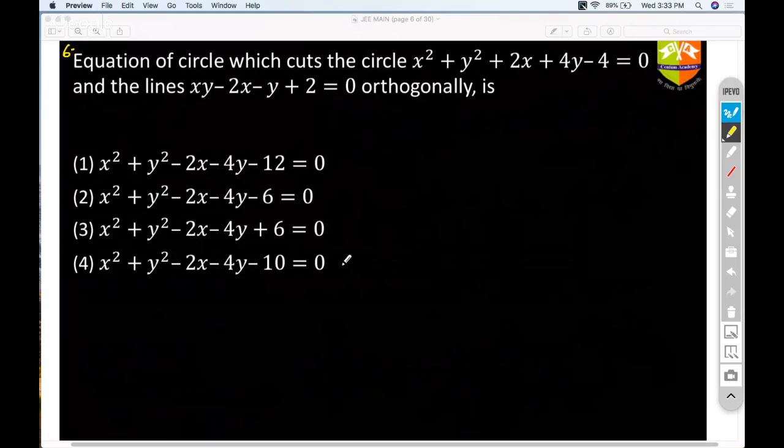Sixth question: the equation of a circle which cuts the circle given on your screen and the lines, meaning the pair of straight lines, orthogonally is which of the following?